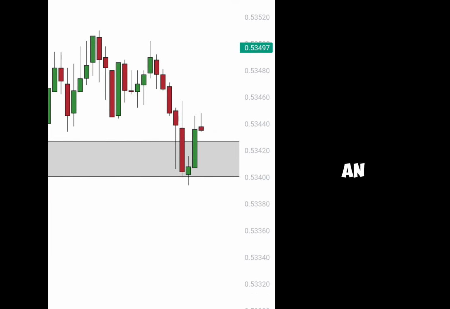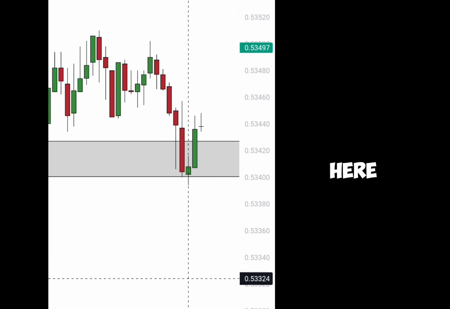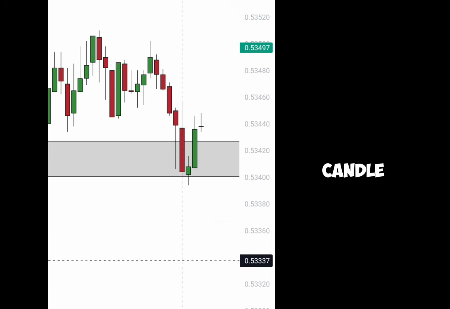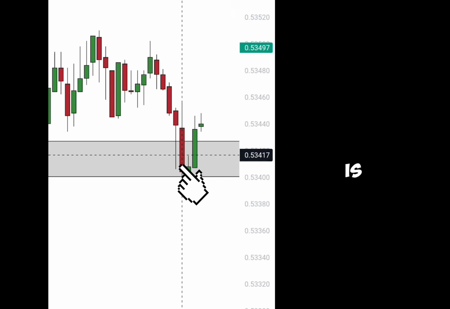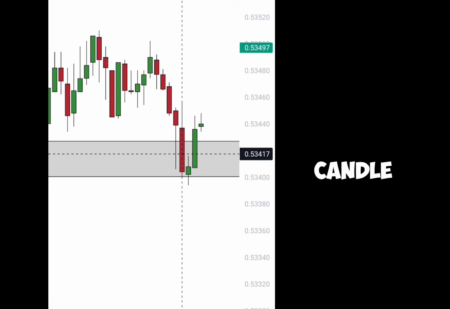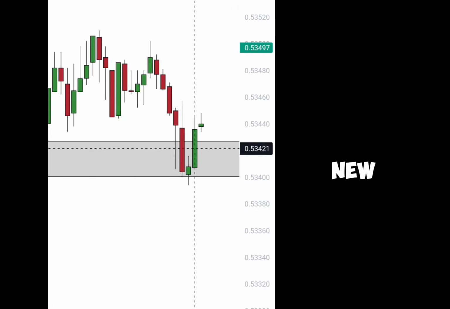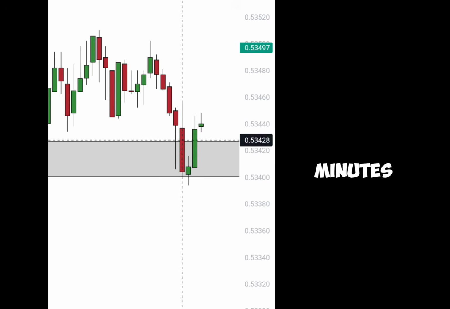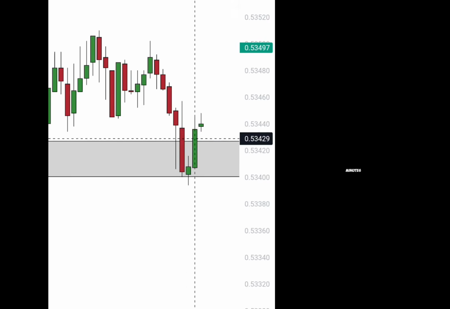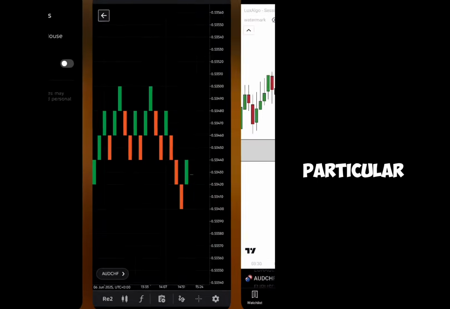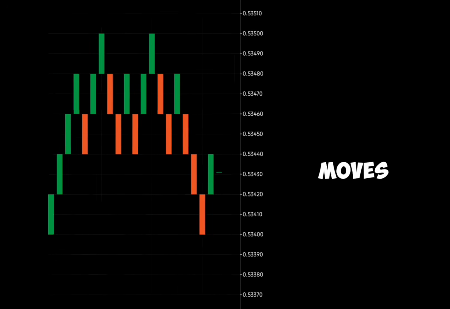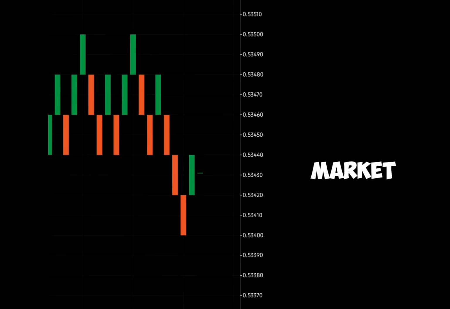Now, let me give you an example. This candle you see here, this red candle, is based off a 5-minute candle. So for every 5 minutes, a new candle is formed. But for this particular one, it only moves when the market moves.